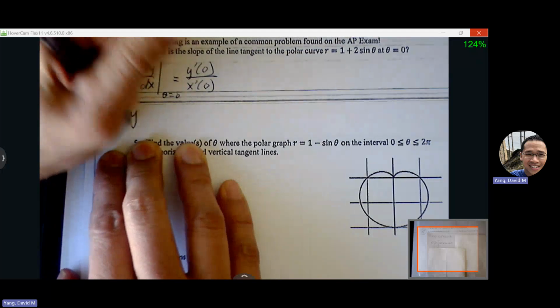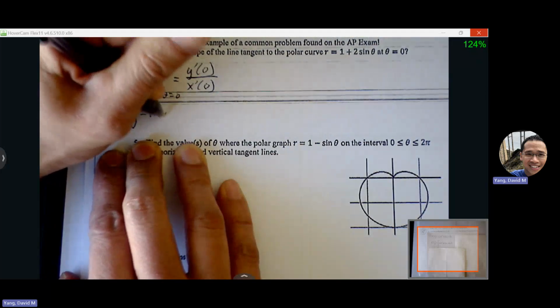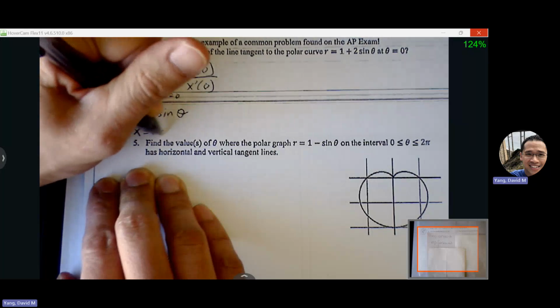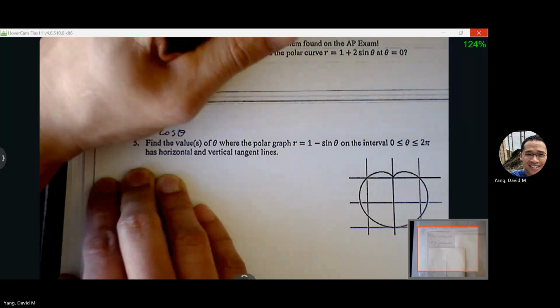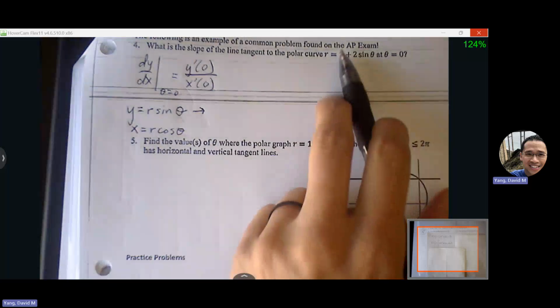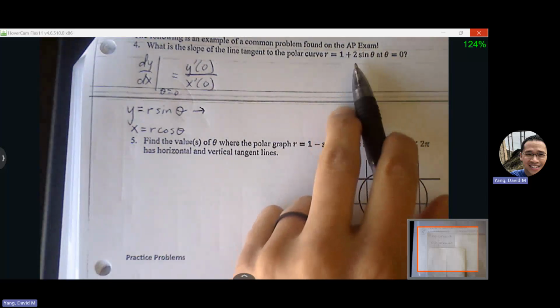We know that y is r sine of theta, and we know x is r cosine of theta. Now we want to get r in terms of theta so that we can do everything in terms of one variable.